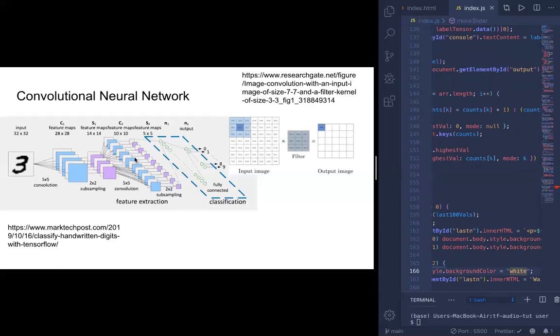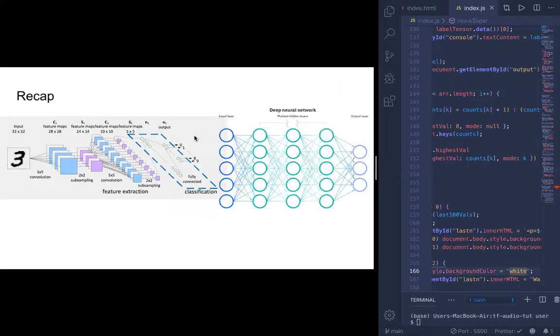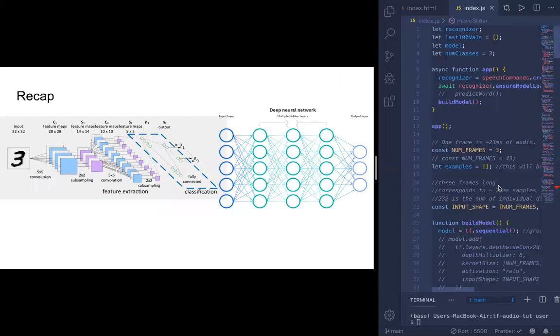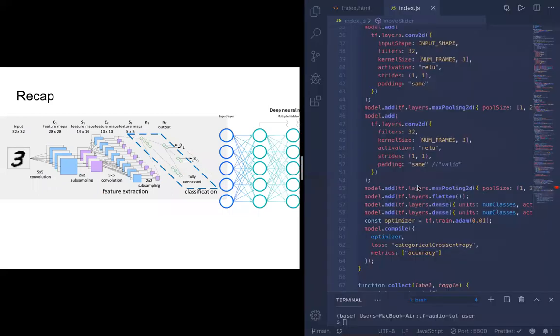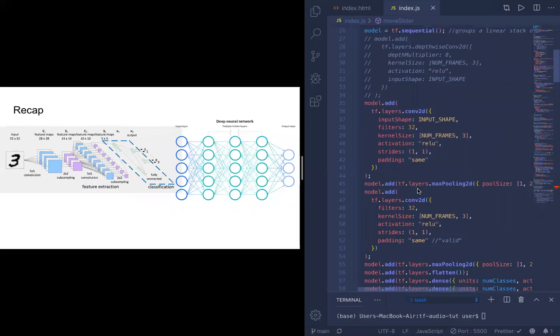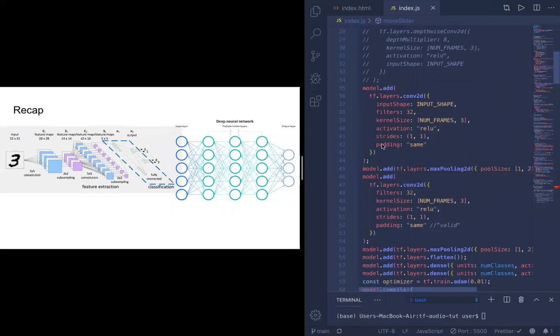At the end of the convolution process, you put the new abstract pixels or features into the fully connected neural network, which is just the regular deep learning neural network. I'll talk about it a bit in a minute, but that's what this code here does. So I'm starting with a convolutional layer, and I'm saying apply 32 filters.